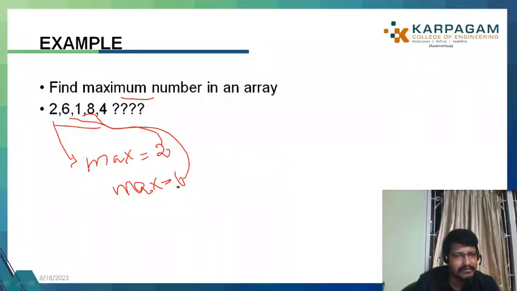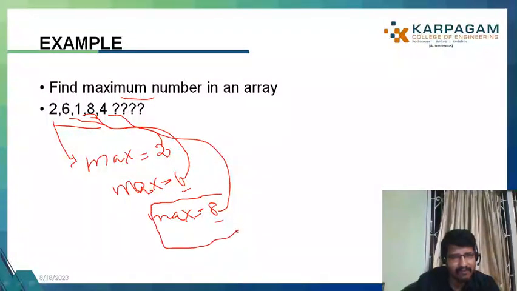Now I am comparing max value 6 with 8. Now I am encountering a value larger than 6, hence my max gets updated as 8. Now I compare 8 with 4. 4 is much lesser than 8. Hence I stop the process and finally I have a max, which is nothing but the maximum number in the array. This is a simple logic, and remember, this is also a logic that is equivalent to a brute force approach.